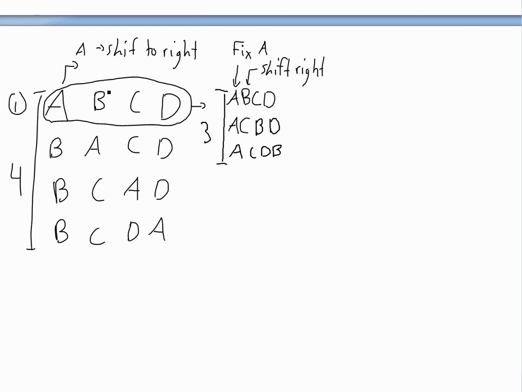So what this is saying is that this first section, A, B, C, D, can be sorted 3 ways: A, B, C, D, A, C, B, D, and A, C, D, B.